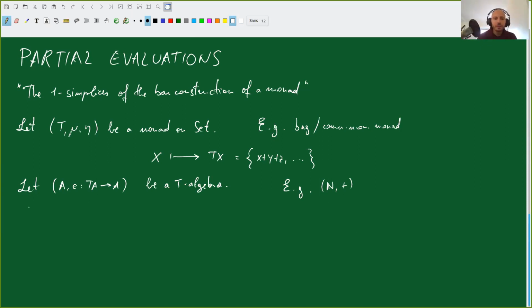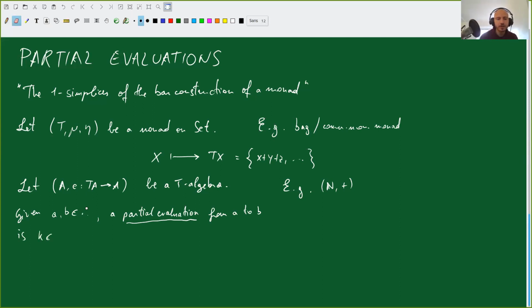So now a partial evaluation. Given A and B in A, I'm taking elements because we're in sets, but we can do this more generally. A partial evaluation from A to B is an element, let's call it K, sorry, not in A, these have to be in TA.